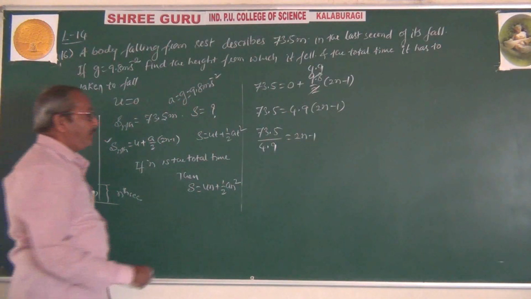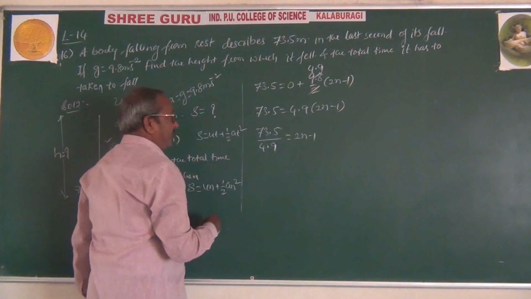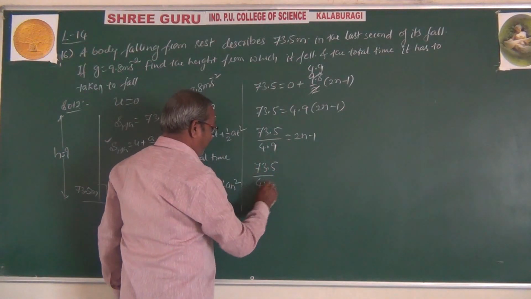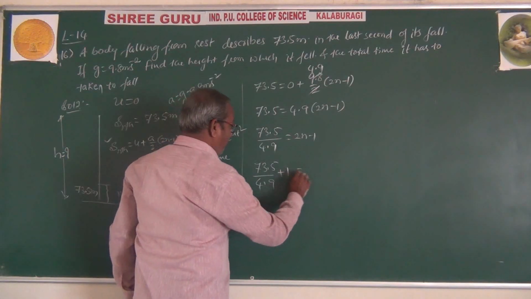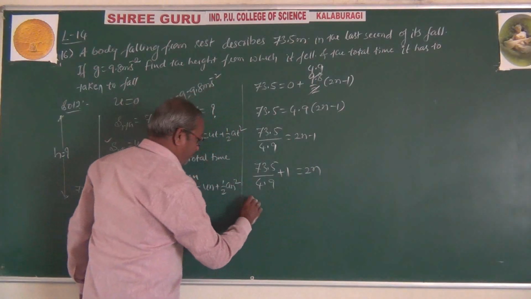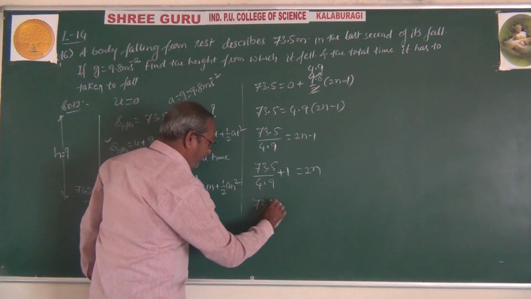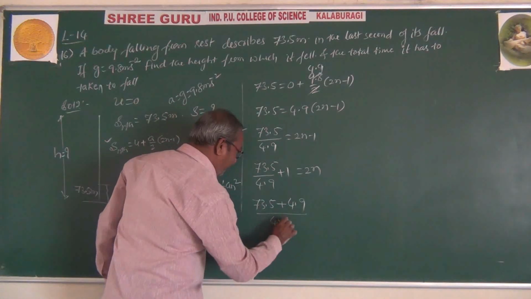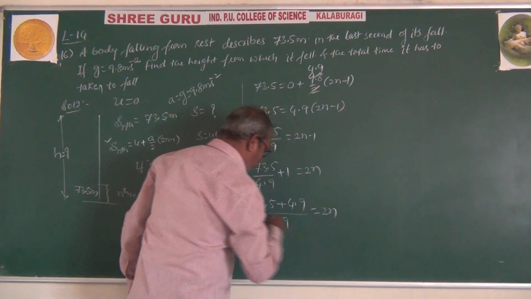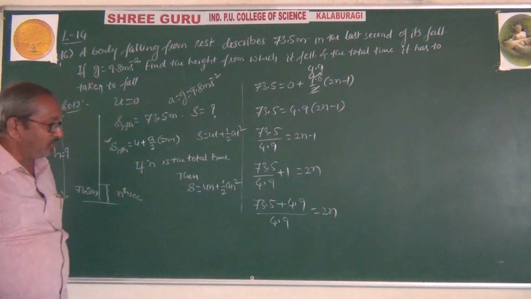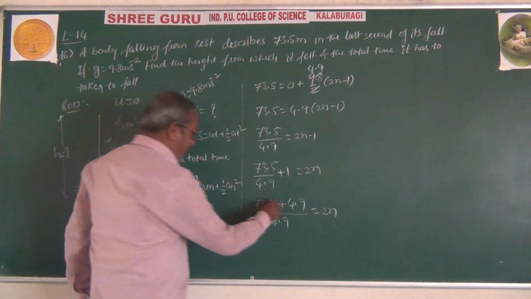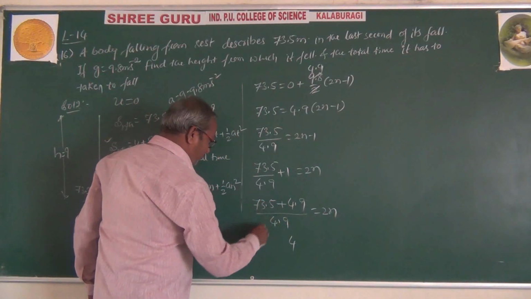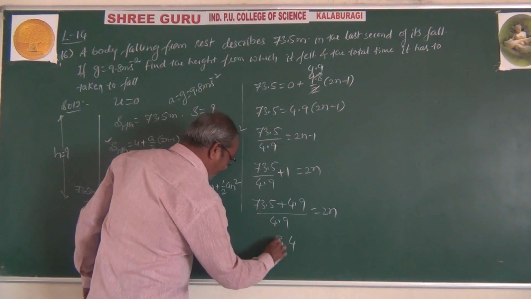Here the minus 1 can be taken to this side: 73.5 divided by 4.9 plus 1 equals 2n. So 73.5 plus 4.9 divided by 4.9 equals 2n. These two you have to add. 5 plus 4, 9; 3 plus 4, 7; 7 plus 1, 8.